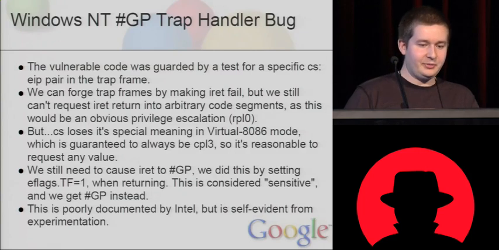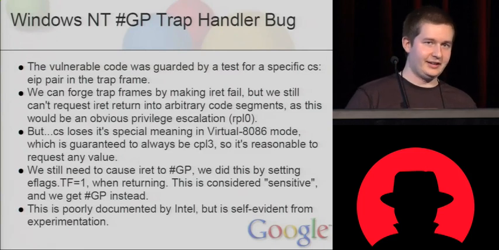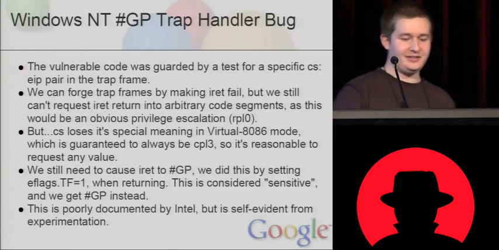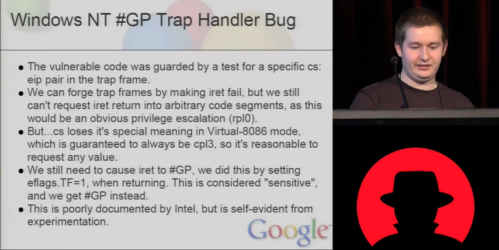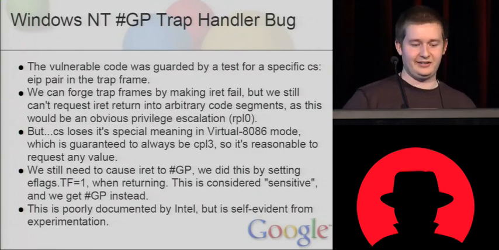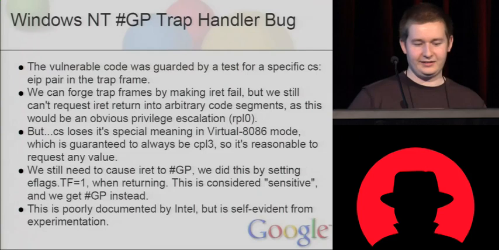So what we think might have happened was that when Microsoft implemented this, they believed that they could rely on this, and then Intel suddenly changed the x86 specification so that it was sensitive, and Microsoft never bothered to check whether these checks were still valid, which is pretty reasonable. I mean, how many people check this low-level code every day? It's the kind of thing that you write once and nobody remembers how it works. Just don't touch it.